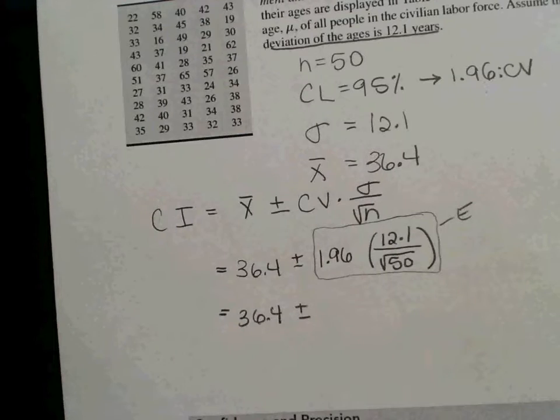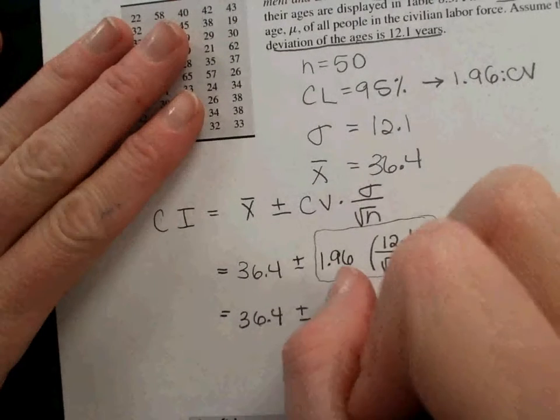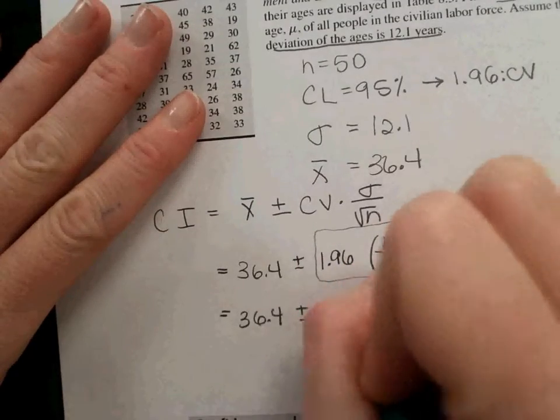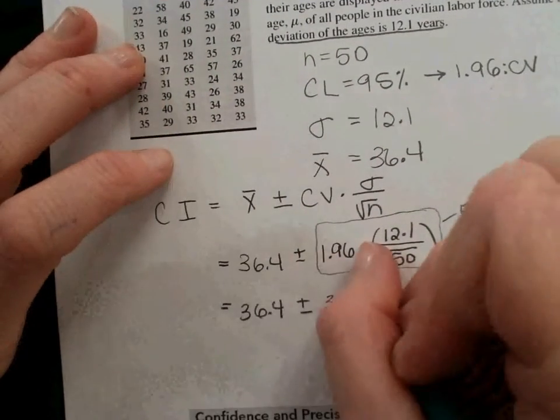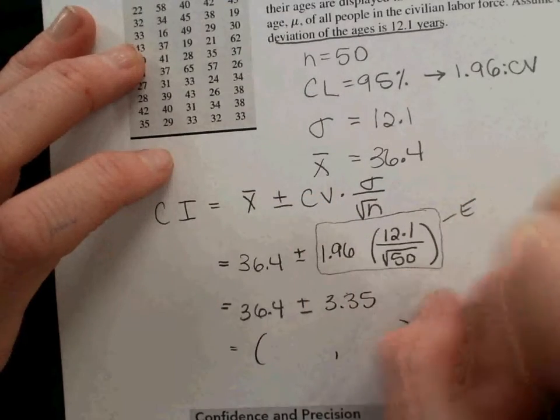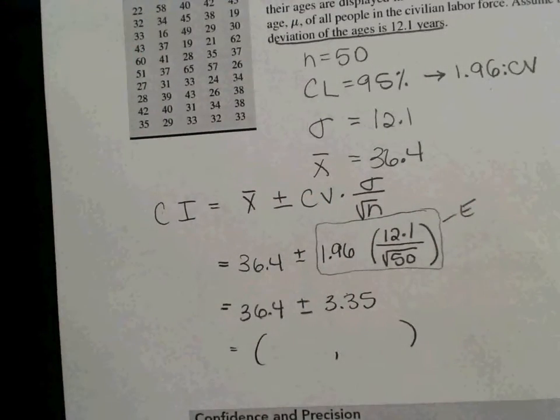Chloe? 3.35. Anybody else? 3.35, validate? Yep, good. Then we'll go lower bound and then upper bound. So subtract and then add the 3.35 to and from 36.4.